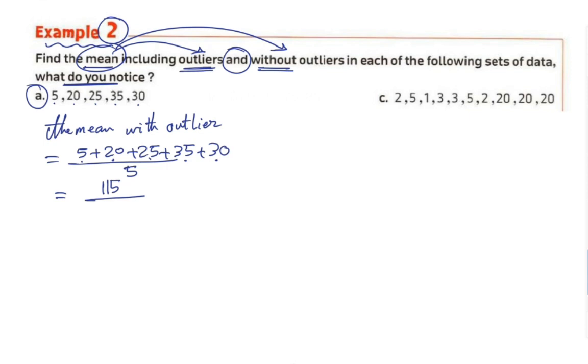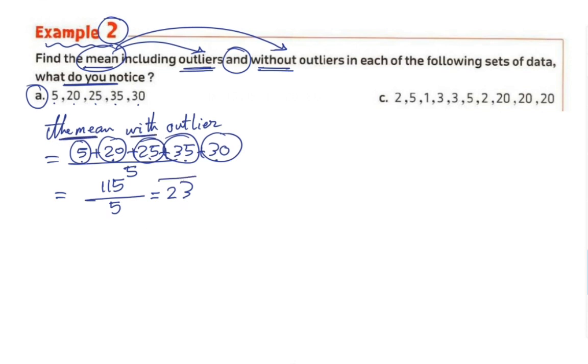We have 5 plus 20 equals 25. 25 plus 25 equals 50, plus 35 equals 85, plus 30 equals 115, divided by 5. 100 divided by 5 equals 20, and 15 divided by 5 equals 3. So we have 23.